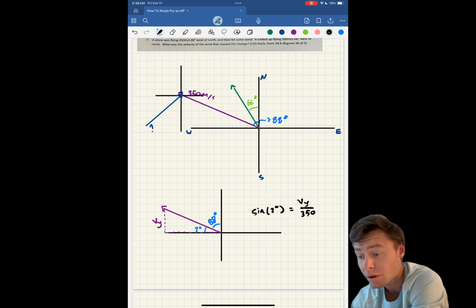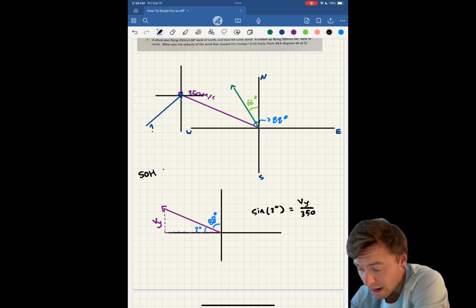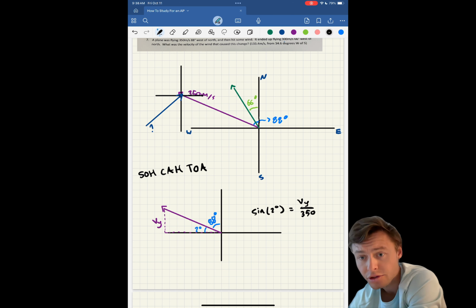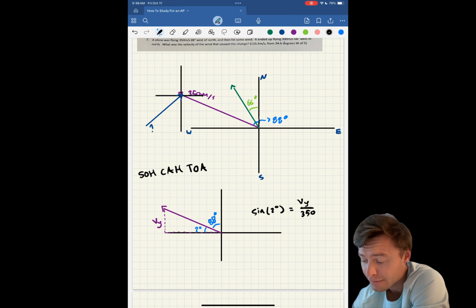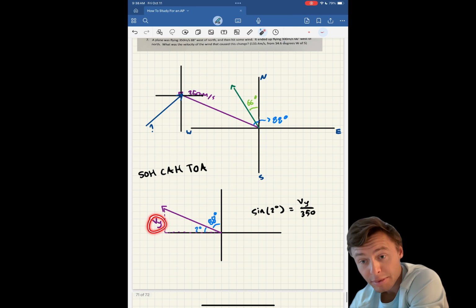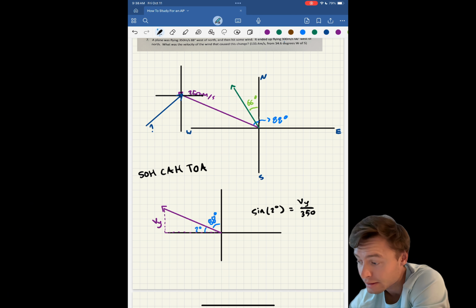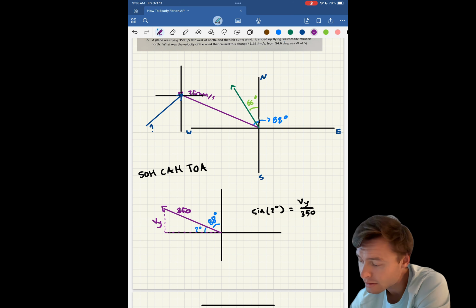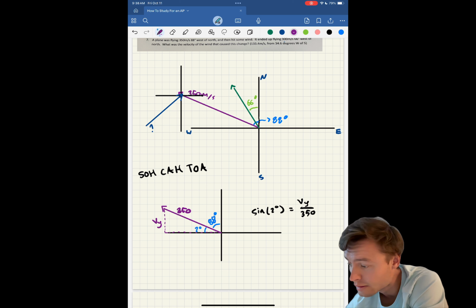And that's just using SOHCAHTOA, which is how you solve for unknown sides of right triangles using trigonometric functions. We know that the sine of this angle right here is equal to the opposite side divided by the hypotenuse. Now, I didn't write it in, but we know that the hypotenuse is 350 because that's the speed of the plane. That's the magnitude of the vector. Okay, and then you can just solve for v sub y.